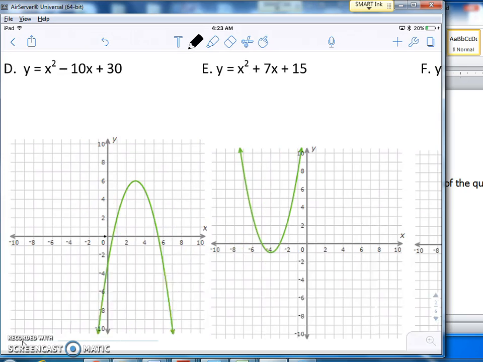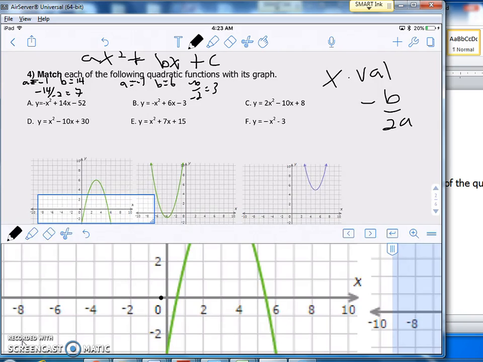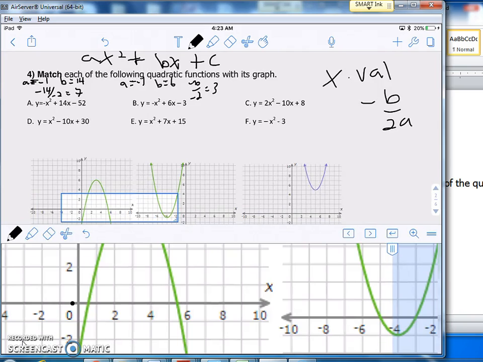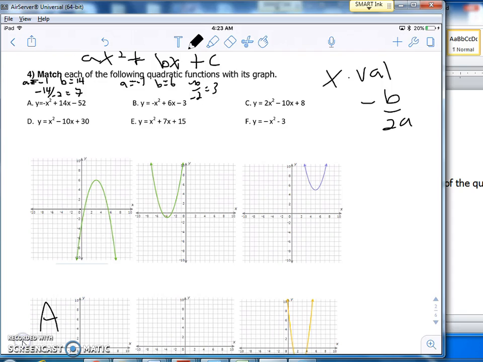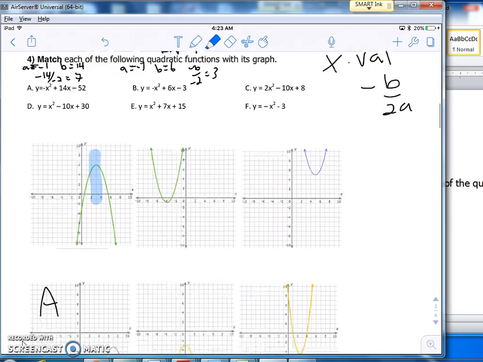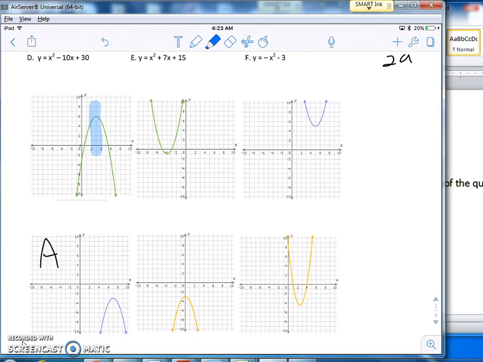This one seems to have, sorry about that. Alright, I'll use the highlighter. This to me looks like the x vertex is at 3. That one, I think so. Now this one seems a little weird.